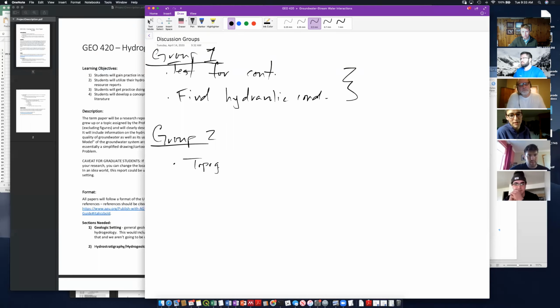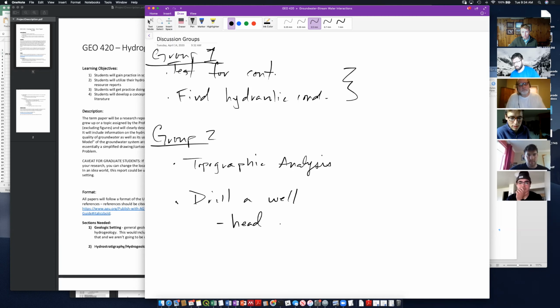If it's above a waterfall or above some rapids, perhaps it's losing water right there. But if there's nothing obvious like that, then we would drill a well and use the measurements of head between the river and the contamination zone to see which direction the water is flowing. Is there anything to add? No, I think you got what we all said there. Okay, nice.